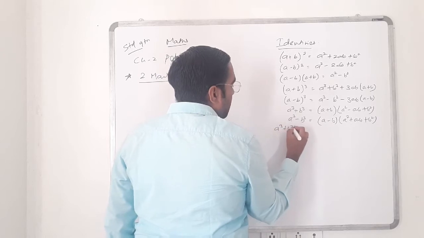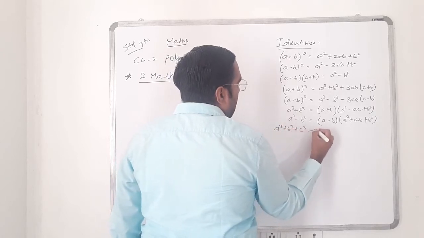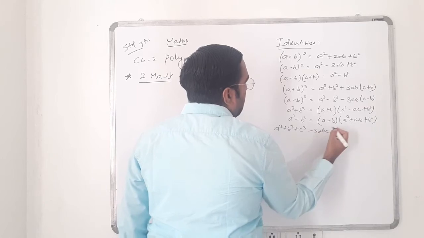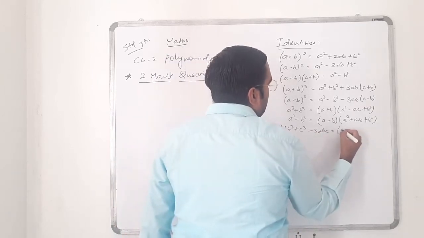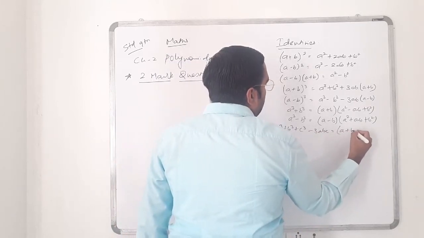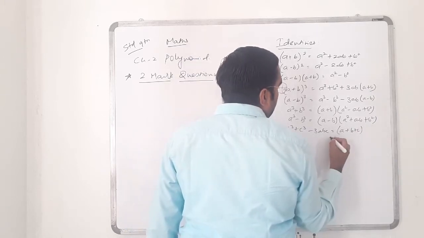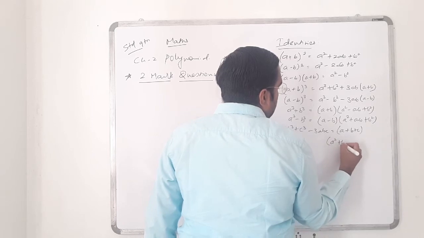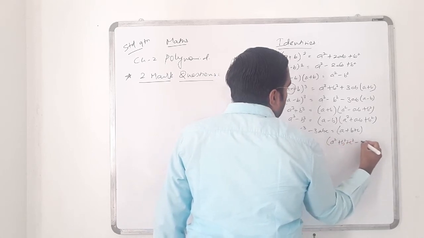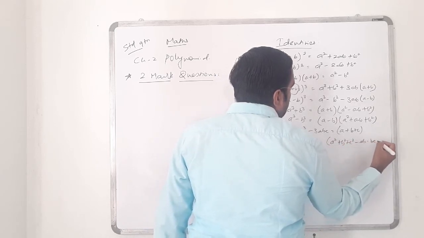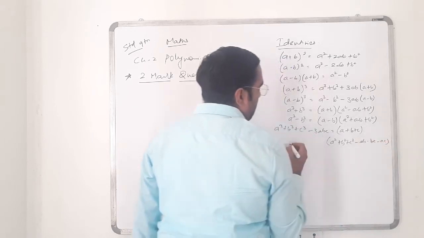Some more important identities: a cube plus b cube plus c cube minus 3abc is equal to (a plus b plus c) in the first bracket, and in the second bracket a square plus b square plus c square minus ab minus bc minus ac.